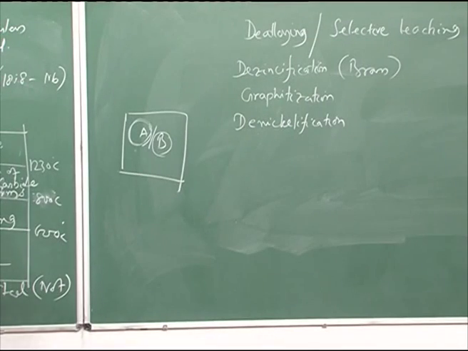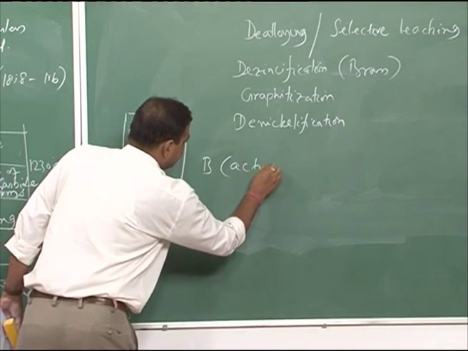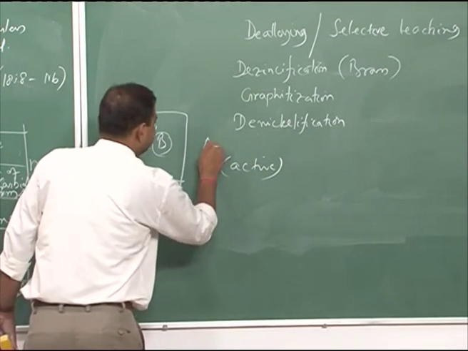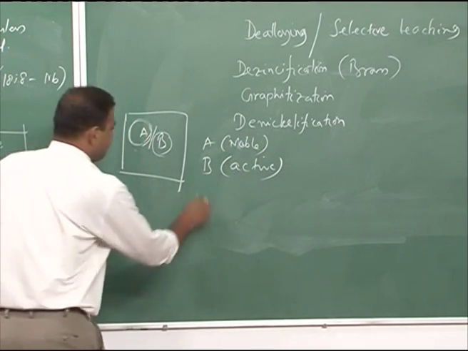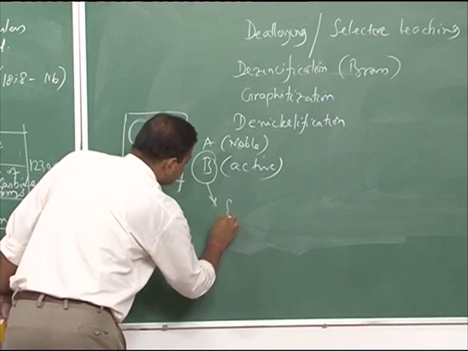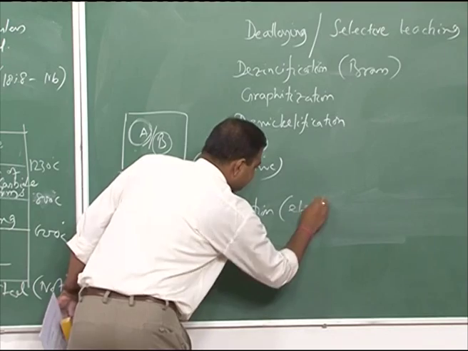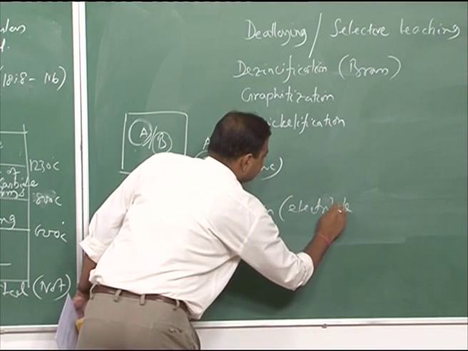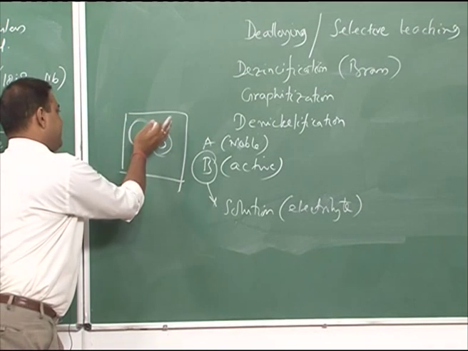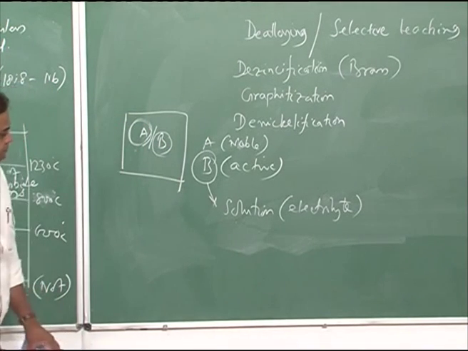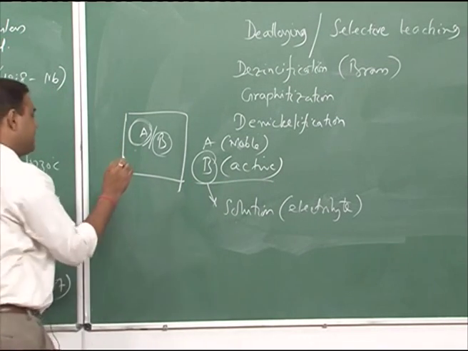So, if B is an active metal and A is noble, B always tries to go to the solution or electrolyte preferentially, leaving A in the material. So, this is basically the preferential dissolution of B.